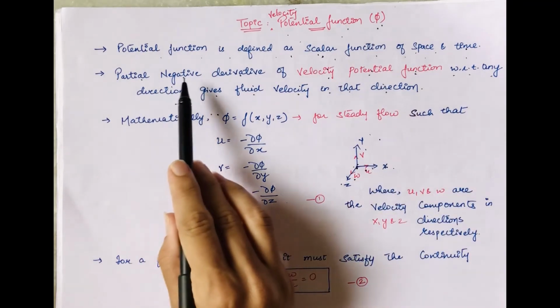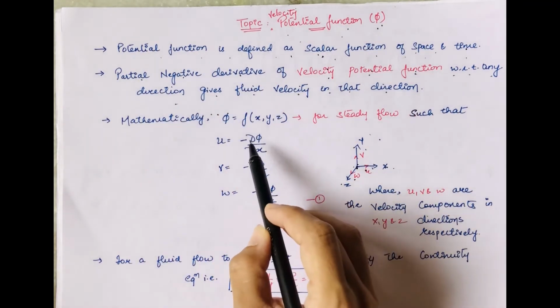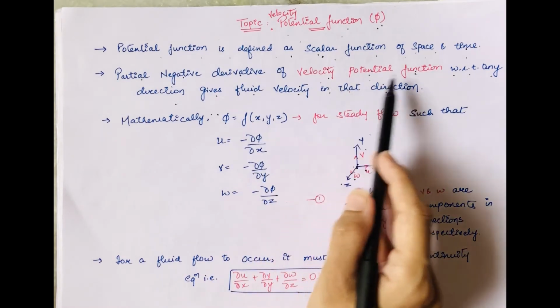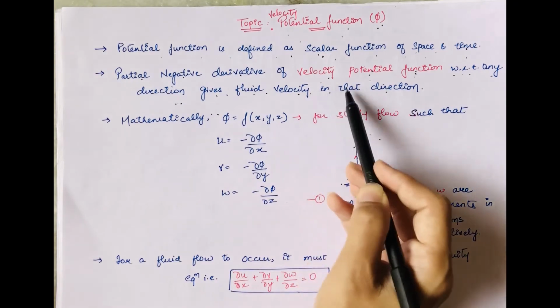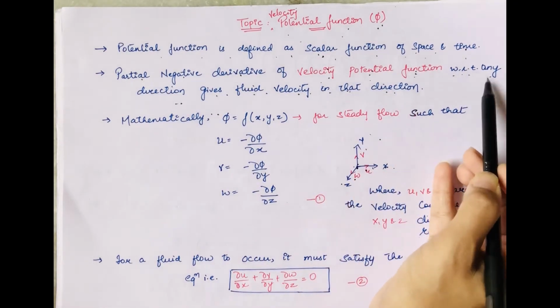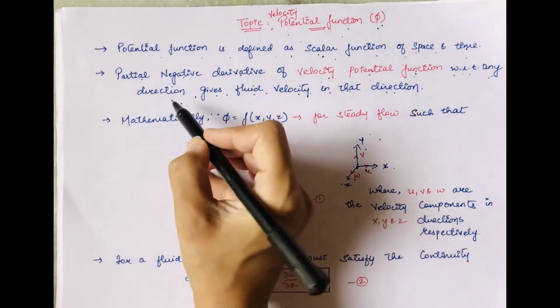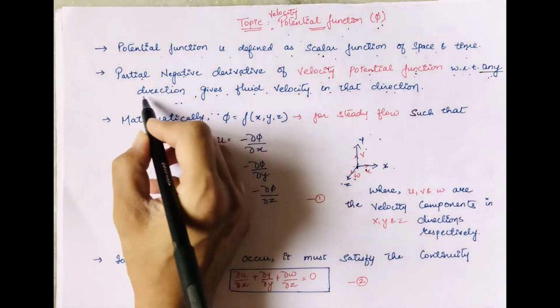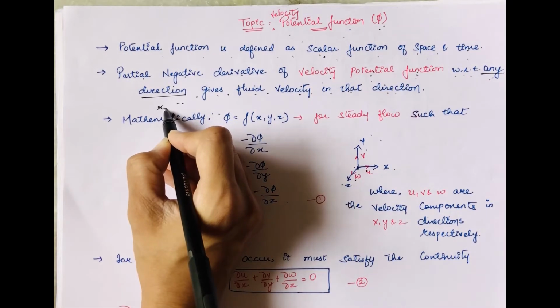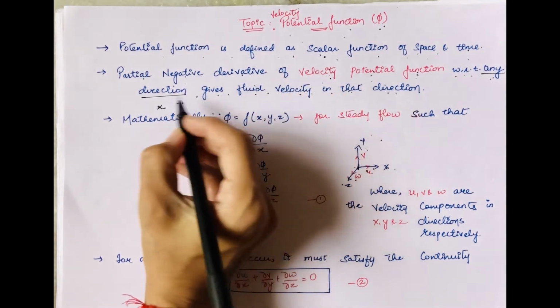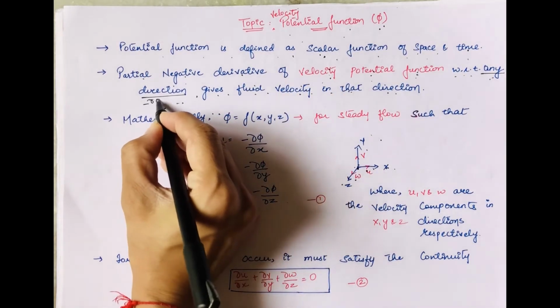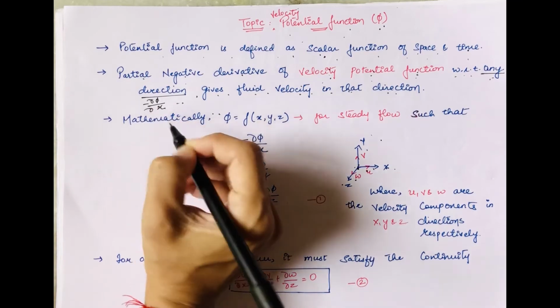Now from this let us define the velocity potential function. So the negative derivative of the velocity potential function with respect to any direction gives fluid velocity in that direction. So first of all, we will take direction x. In case of x, the negative partial derivative of the velocity potential function is minus del phi by del x.